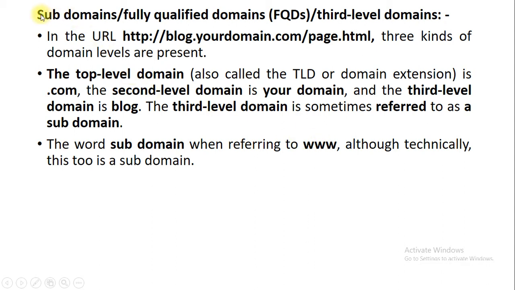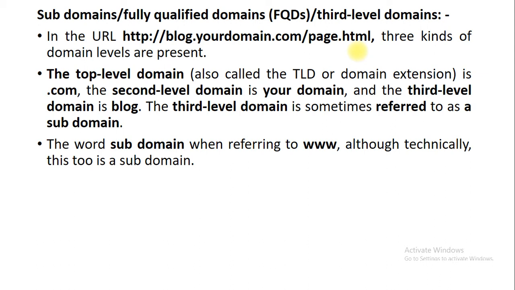So what is the concept of subdomain, fully qualified domain or third level domain? FQD stands for fully qualified domain. So first of all, you just need to take an example like http blog.yourdomain.com. Inside that we have created one page called page.html. In this we have used three different kinds of domain. The first level or top level domain is what? That is .com.